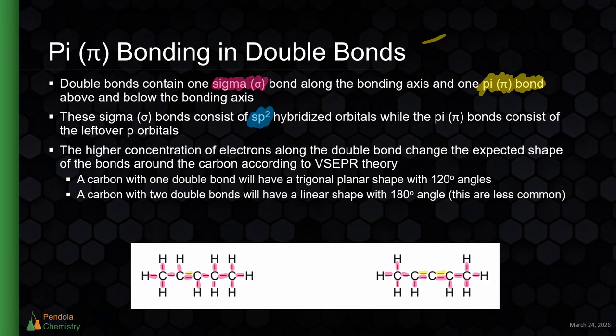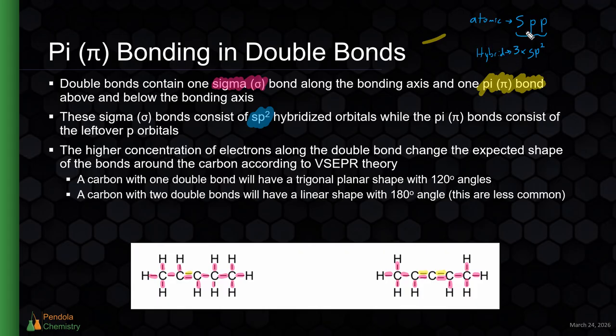Why is that the case? Well, first of all, let's go back and kind of review what an sp2 hybrid orbital is. sp2 hybrid orbitals are going to be the result of mixing the atomic orbitals that are s and 2p atomic orbitals. That's going to result in 3 sp2 hybrid orbitals.